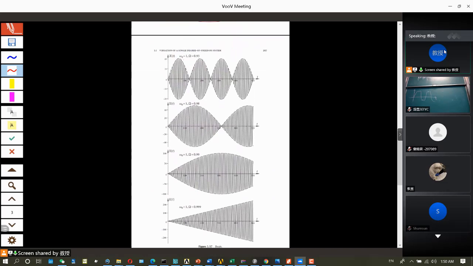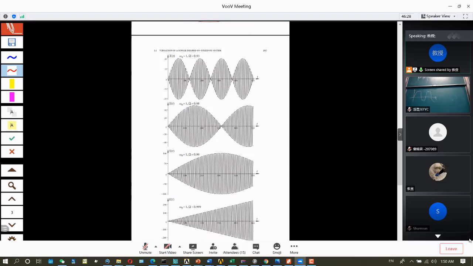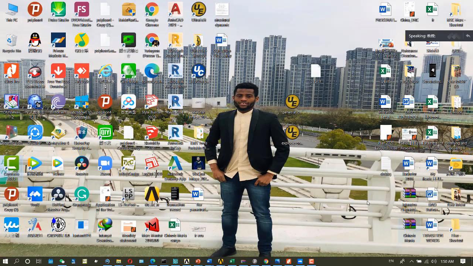Okay, so now next page, we have simulation. So I plot omega 0 is 1, capital omega is 0.95. Okay, so then omega 0 minus omega over 2 is 1 minus 0.95 over 2, so 0.025.